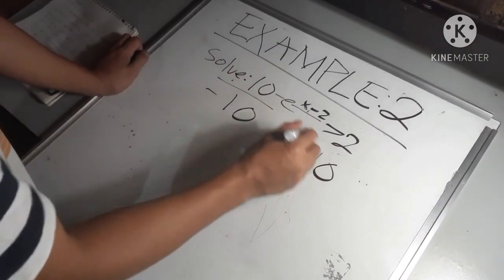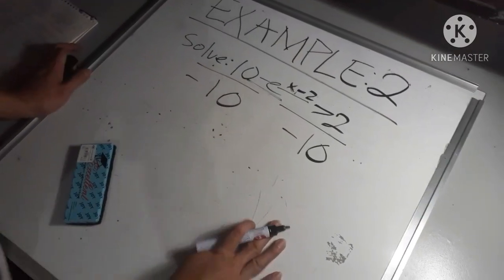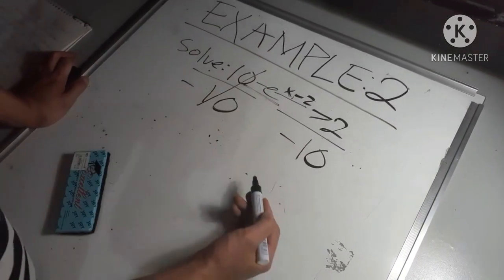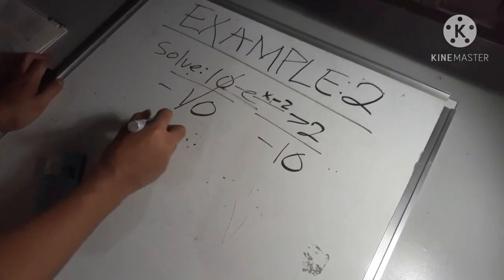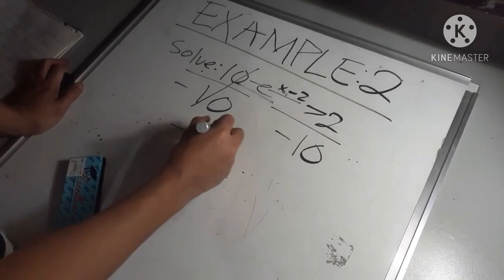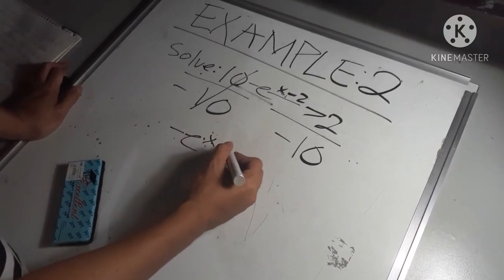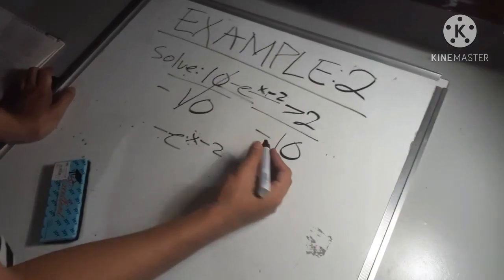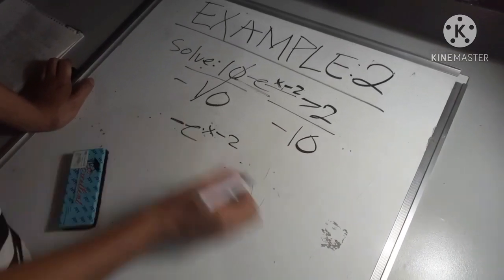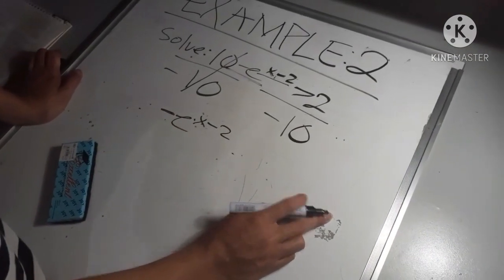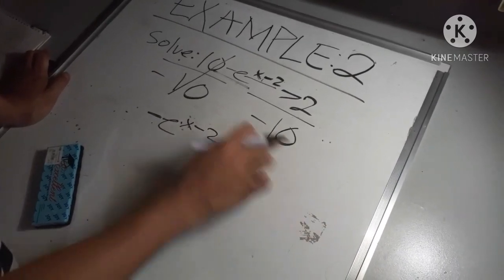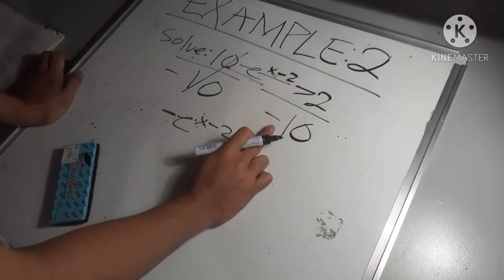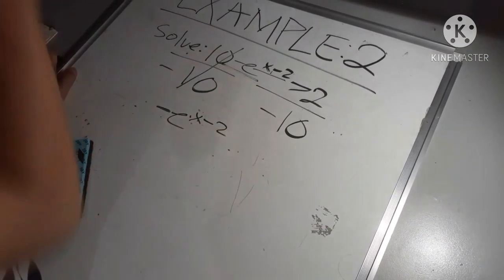So let us solve this. We need to cancel this and copy e to the power of x minus 2. Always copy the sign, and the sign is negative here. As we can see, it is subtraction because positive 2 and negative 10. The answer must be negative 8.